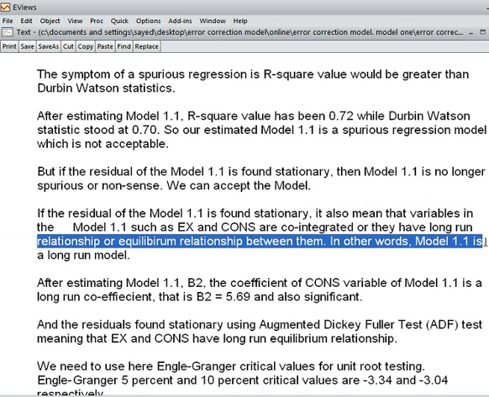In other words, model 1.1 is a long run model.